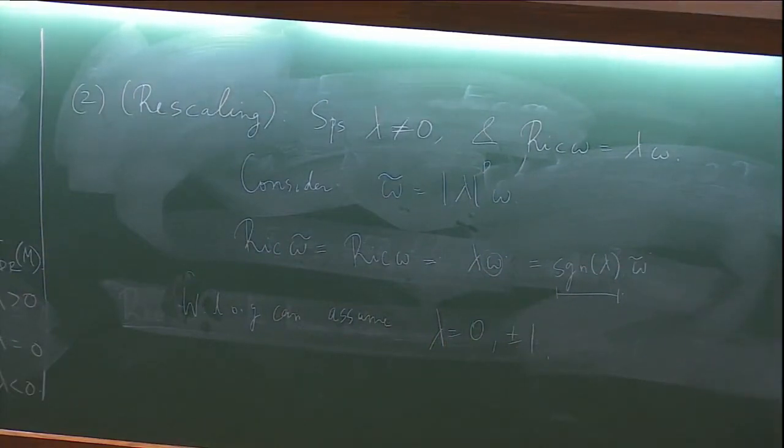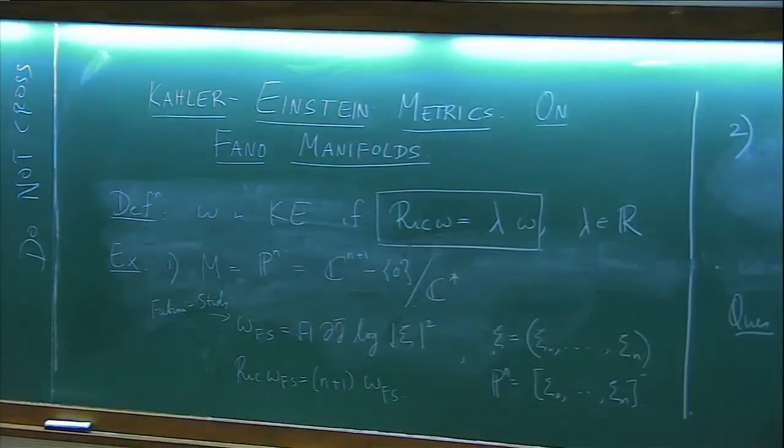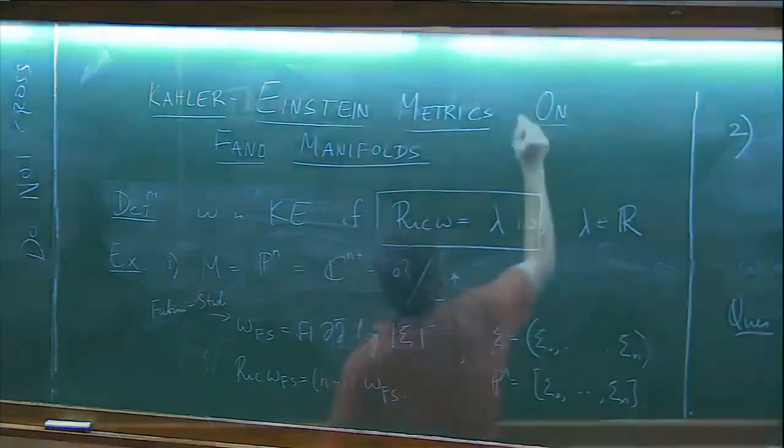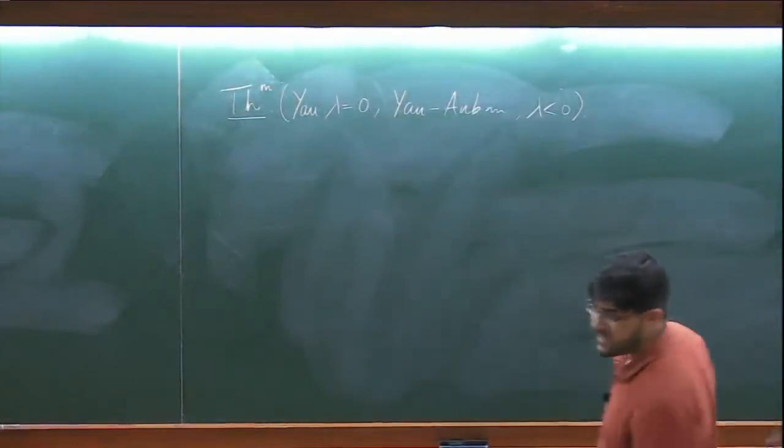Okay, so now let me summarize what is known. This is due to Yau when lambda is 0, and due independently to Yau and Aubin when lambda is negative.